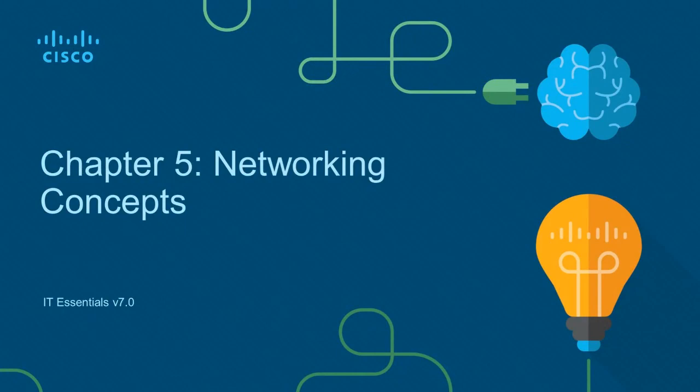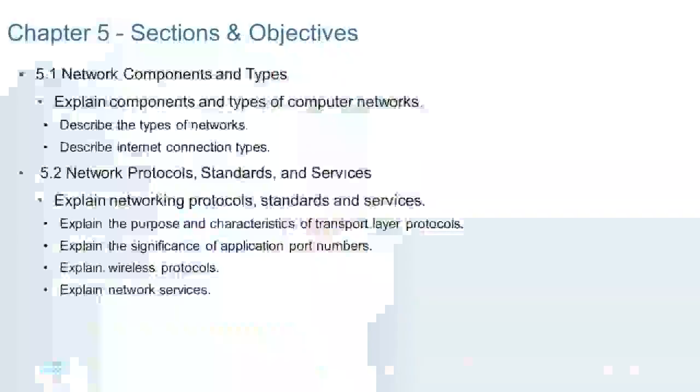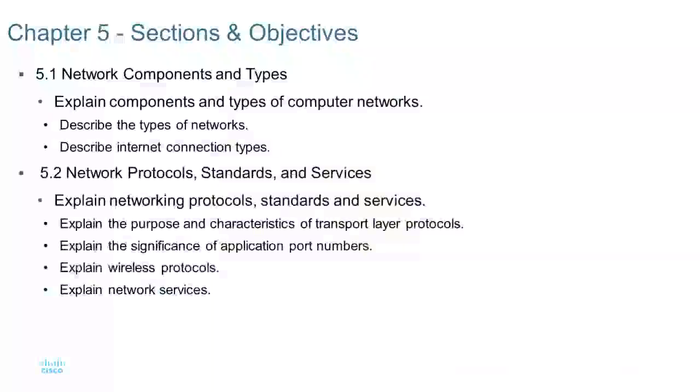I've got to remember to add you all into that Netacad course. So we'll be looking at the types of components in a network, how they're drawn as far as standards, icons and stuff like that as well. We'll have a quick look at what protocols and standards and services are.